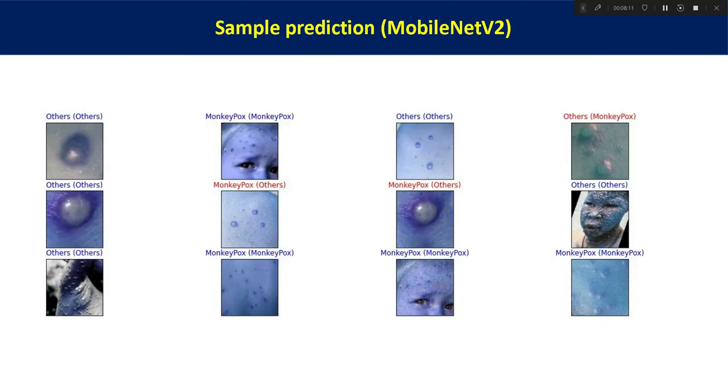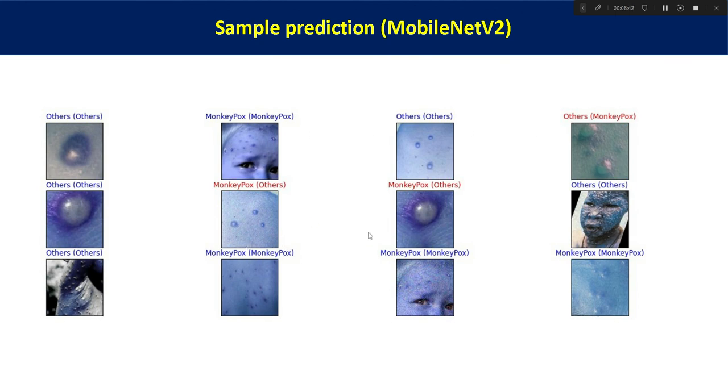Now this is the sample prediction part. After selecting MobileNet V2 as our main model, we performed some sample predictions on the validation set, that is the unseen data, and we found that out of 12 cases, we have three wrong predictions. You can see this, and this, whereas nine predictions are right.